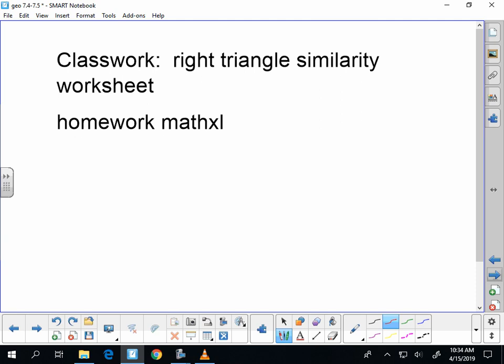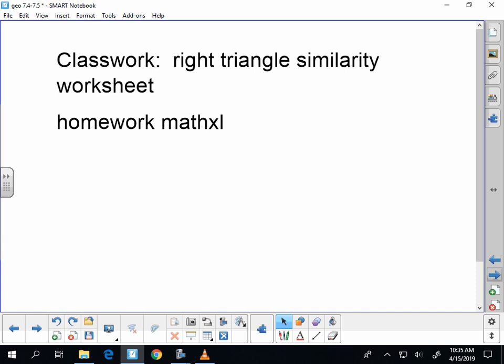And Math Excel. Let's talk a little bit about Math Excel, so stay sitting. In Math Excel, if you want to go back in and improve your score, you click on the assignment and there are two buttons on the bottom. One is review and the other is improve my score. You have to click improve my score or it won't let you enter things.